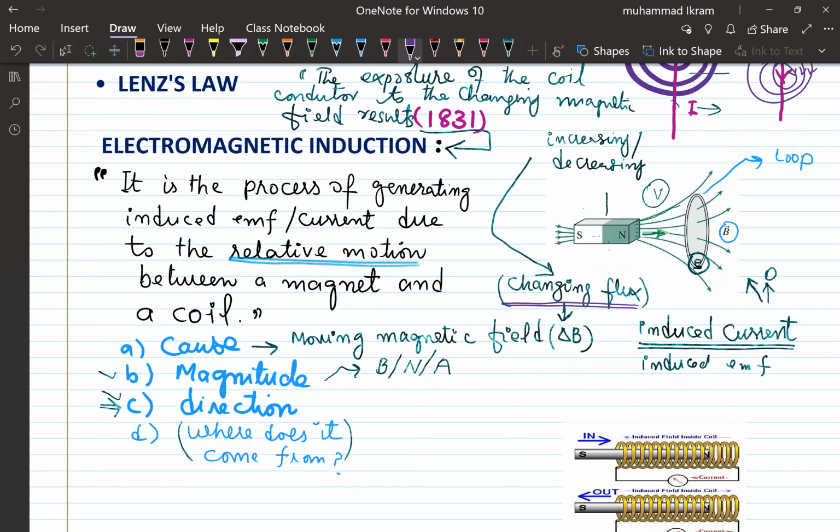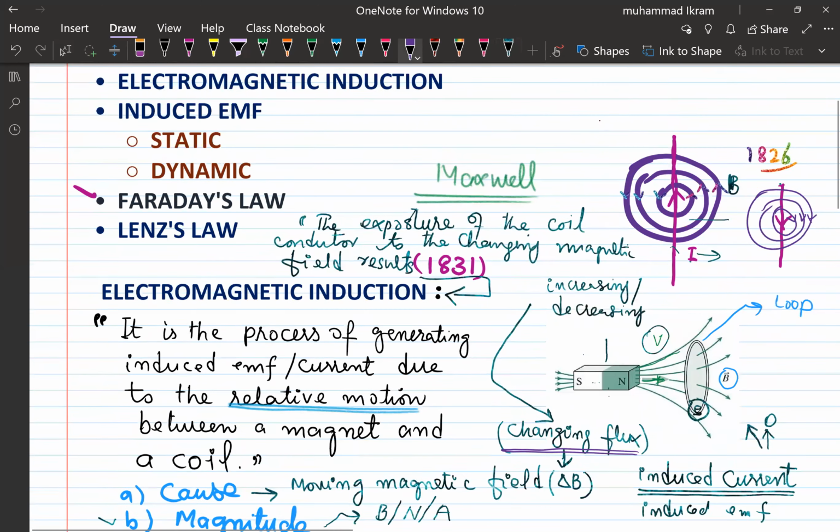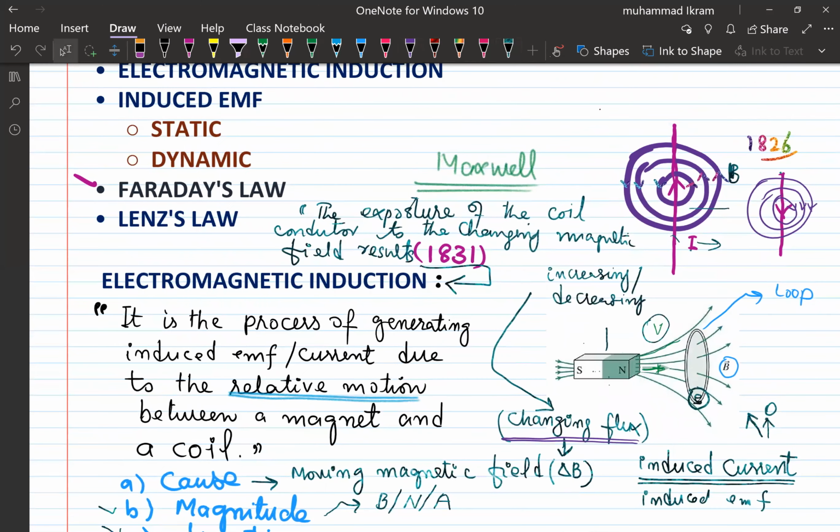Now, the induced EMF can be produced in two ways: one which we call the static induced EMF, and the other we call the dynamic induced EMF. In the static induced EMF, here is the moving magnet.